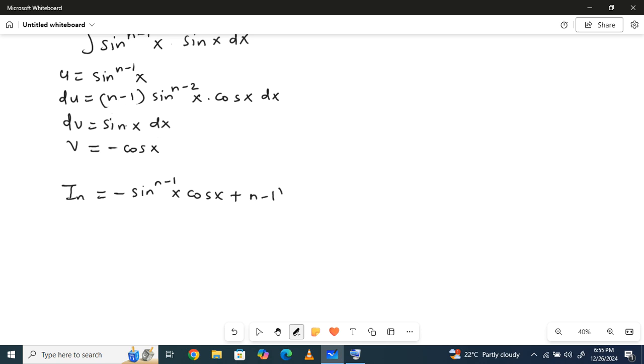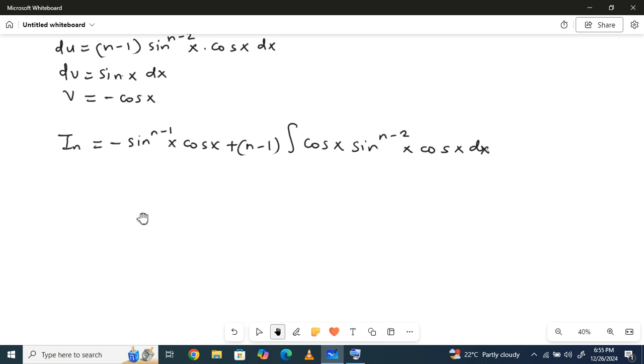Our du has a constant n minus 1. We're going to factor out that constant. We're going to get n minus 1 times the integral of cos x sine n minus 2 x cos x dx. But now see here, we have cos x twice, meaning we can shrink everything together.